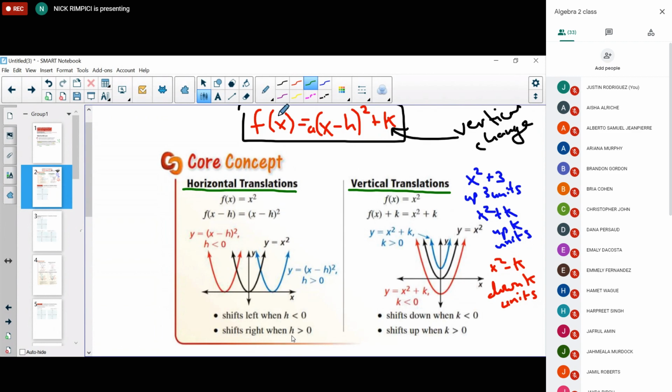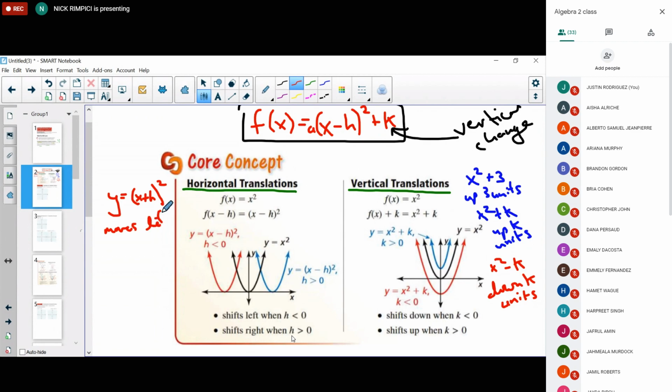So if you're going to do y equals x plus h squared, when you add, it actually moves left h units. It moves left.